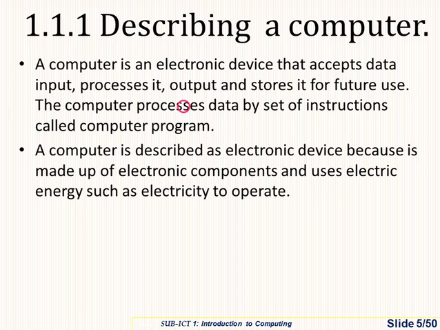For example here, electronic device. Why do we call a computer an electronic device? Simply because it is made up of electronic components. For example, ICs, the transistors, etc. So make sure you have electronic device in your definition.